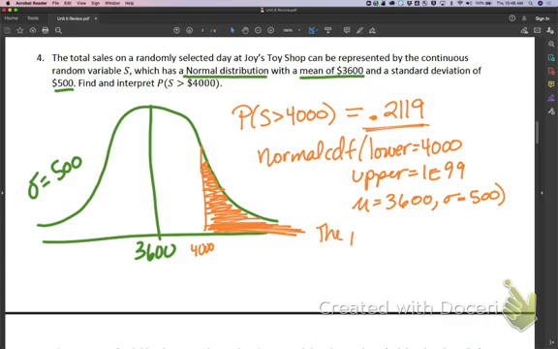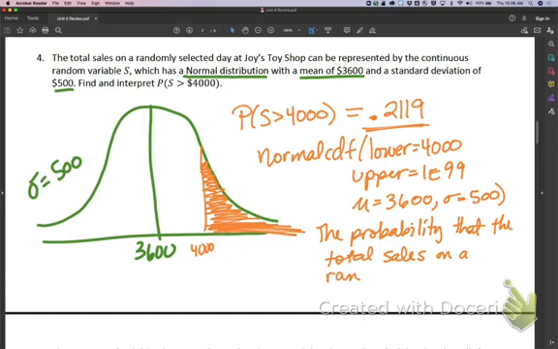The probability that the total sales on a randomly selected day is more than $4,000 is 0.2119.